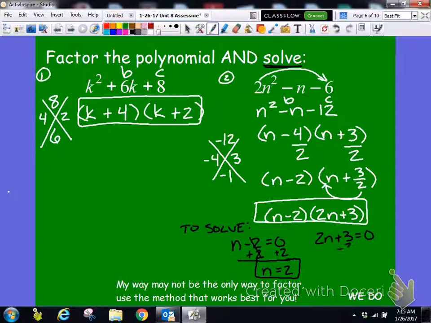And the second one, I have to subtract 3 from both sides. But don't forget, I still have 2n equal -3. And so I also have to divide by 2. And n equals -3/2.